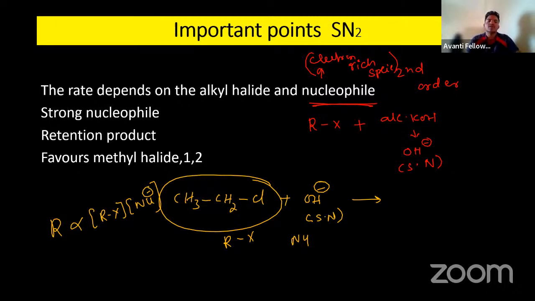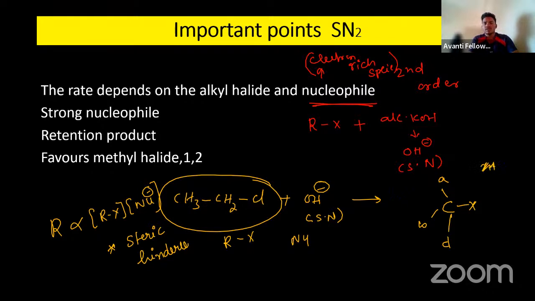Now another important factor we need to remember is steric hindrance. What is the meaning of steric hindrance? Let's suppose you have groups A, B, and D, and here one halogen is there.